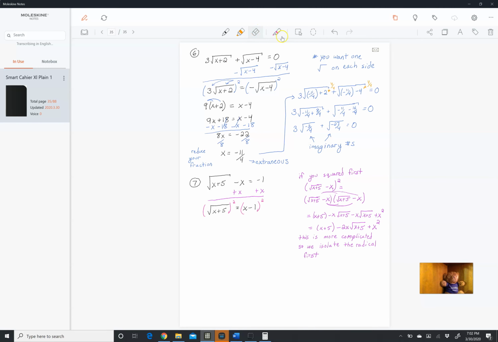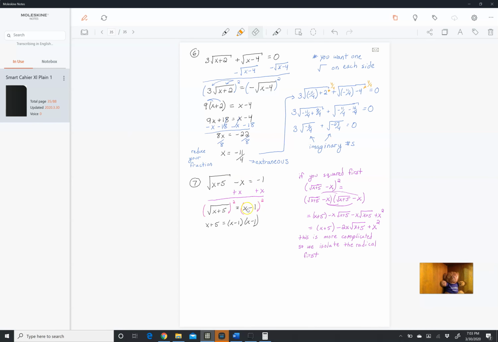So when we square both sides on one side, we get x plus 5. And I'm going to put in an extra step here that you don't need, but I'm going to put it in just to be sure that everybody understands where we're coming from. X minus 1 squared, again, you cannot distribute the square.